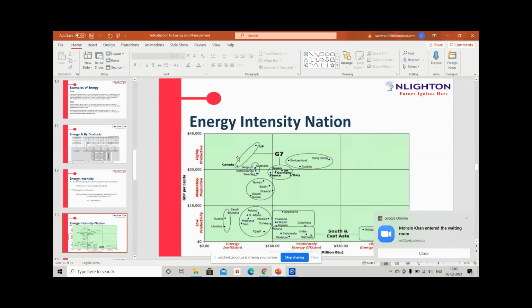In Pakistan and Vietnam, these countries consume very high energy. Even India: we are not focusing on the energy losses.